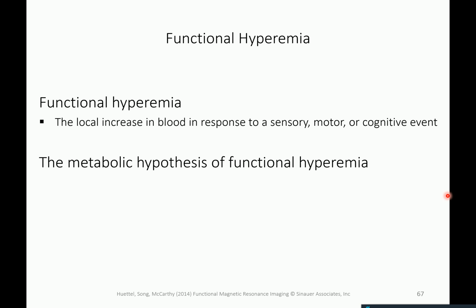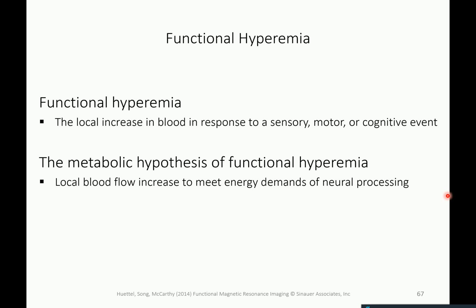That's the functional hyperemia. The other question is then, how does functional hyperemia come about? And this is also a big topic in this session. The main hypothesis for how functional hyperemia comes about is a metabolic hypothesis, which basically states that local blood flow is increased to meet the energy demands of neuroprocessing. So the link is not, because it could also be different, right?